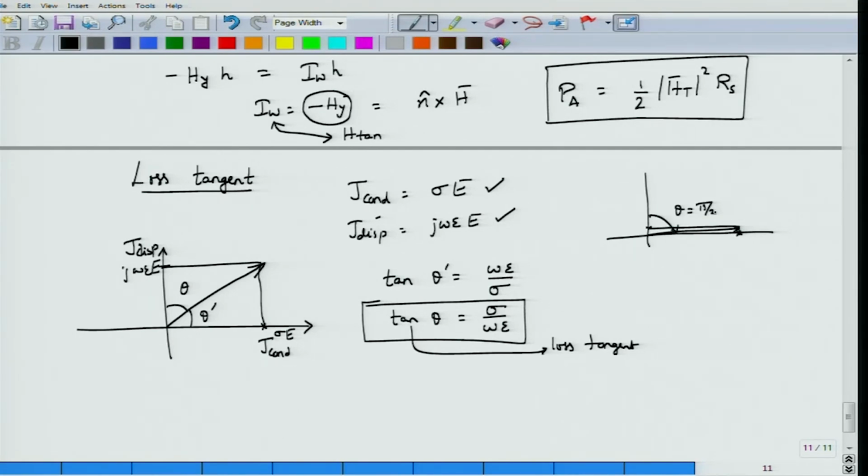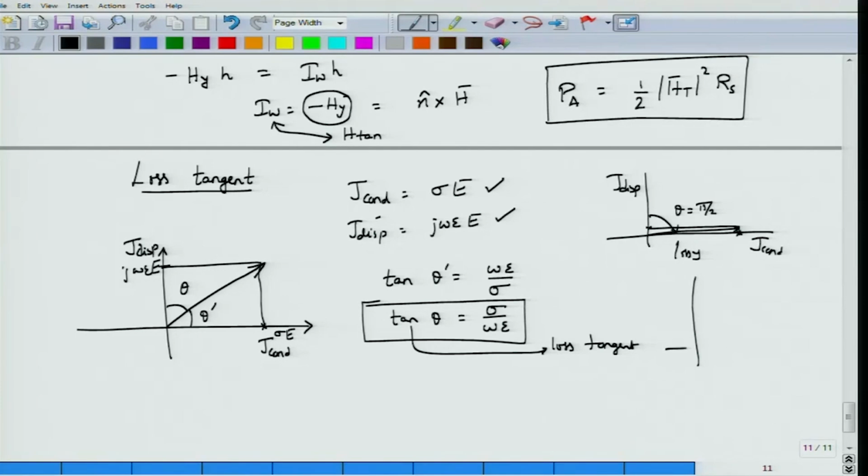So, this would be the case when tan theta is getting very large, because theta is becoming pi by 2. Therefore, tan theta is very large, which means that there is complete loss, because sigma is high, right. Then the propagation constant, and the attenuation constant as you have seen, will depend mainly on this sigma, and it would be a very lossy situation. Okay. So, this is your conduction current and this is your displacement current.